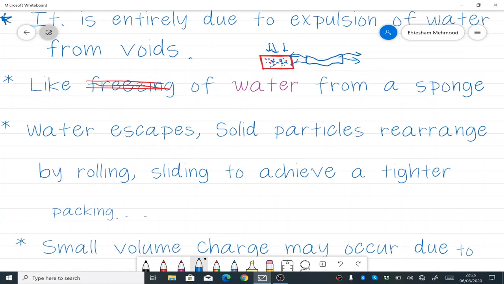What happens in consolidation is that water escapes depending on the permeability. Then solid particles will rearrange themselves by rolling and sliding to achieve a tighter packing. So once we are compressing the soil and water is moving out, there is also a reduction in the volume of the soil specimen.